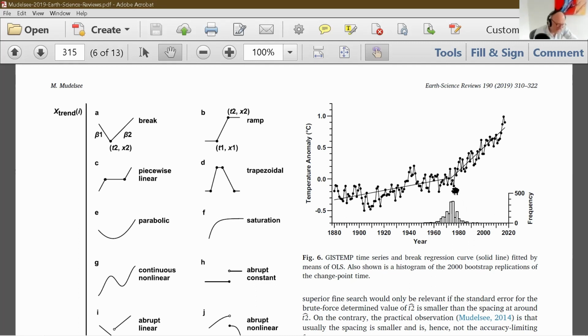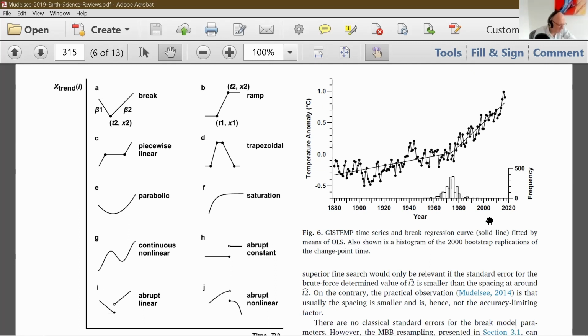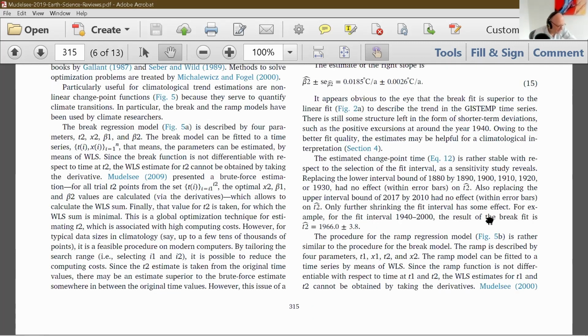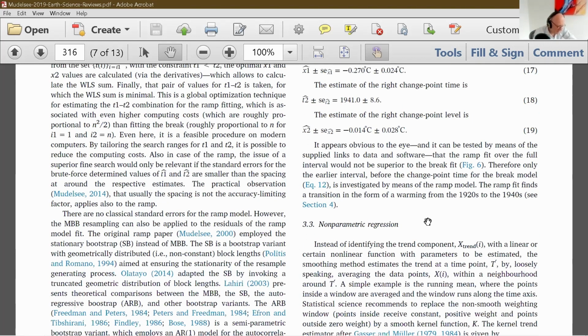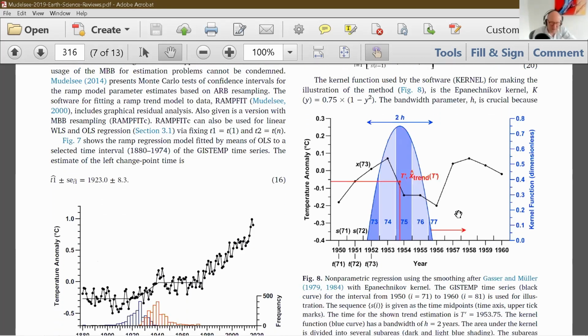Okay, so at least we can quantify that global warming accelerated. Here at around this interval, it got steeper. It was increasing before and it got steeper thereafter. It is clear. Okay? And then I made a new figure, this one here to the right. This explains the Gasser-Müller kernel quite well, with colors and so on.